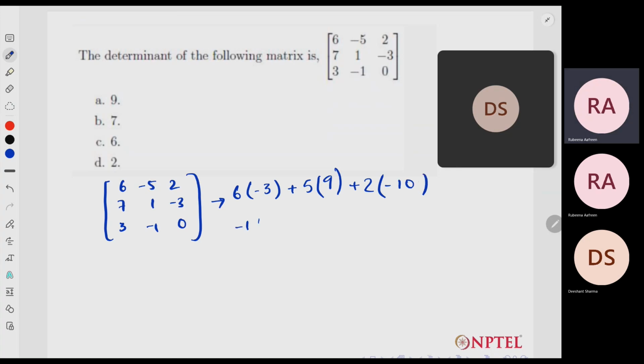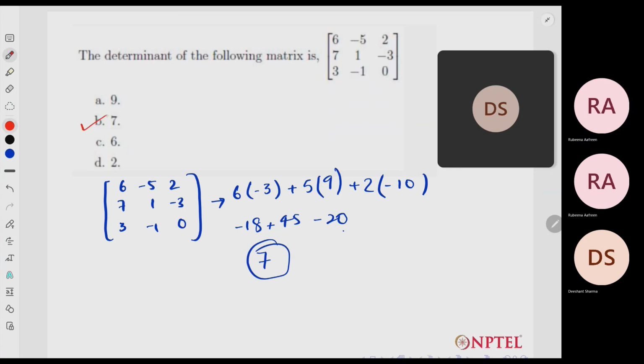So this is minus 18 plus 45 minus 20. This gives you 25 minus 18, that is 7. So the determinant of the following matrix is 7.